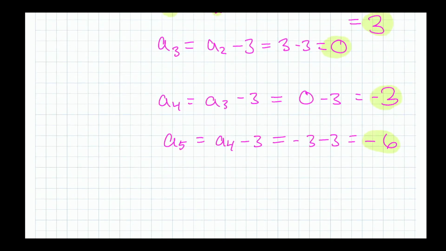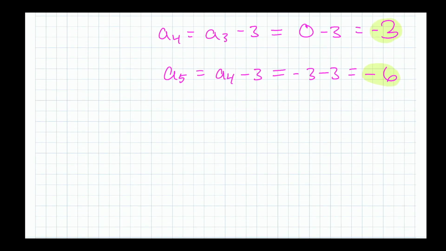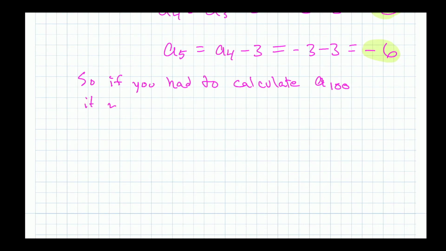So you wouldn't be able to calculate any term that you wanted, right? So if you had to calculate, like, A100 or something, it would be really difficult. So it would be hard because, you know, A100 by definition is A99 minus 3.